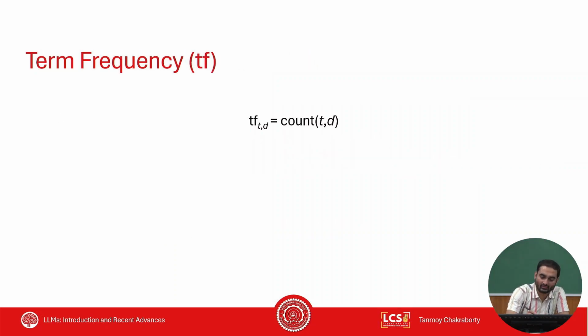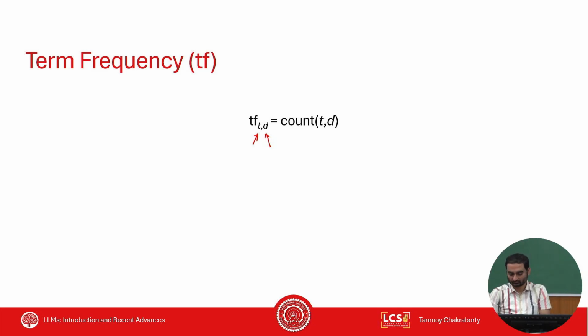So what is TF? The term frequency of a term t with respect to a document d is the number of times that particular term appears in the document. So remember, this is a function of t comma d. You can't say that the term frequency of t is this. You have to say the term frequency of t with respect to the document d is this.